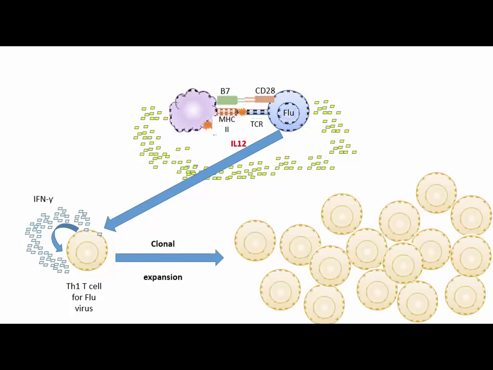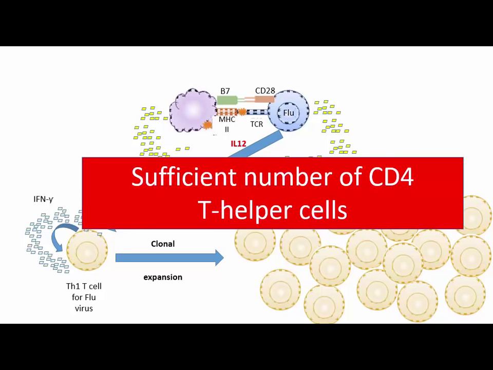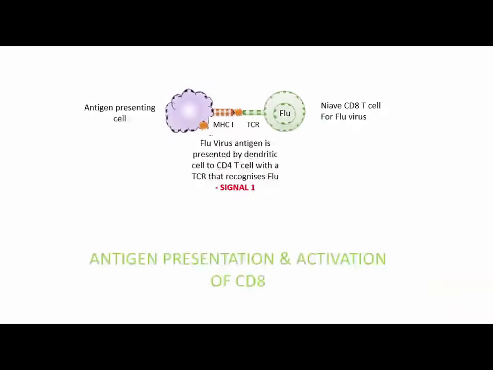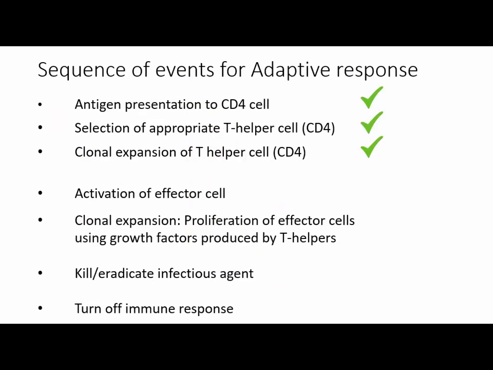And what we have at this point is sufficient CD4 T cell number. Now, that's the first phase. Let's pause there and appreciate how the CD4 T cell became activated, how it differentiated into Th1 cells.